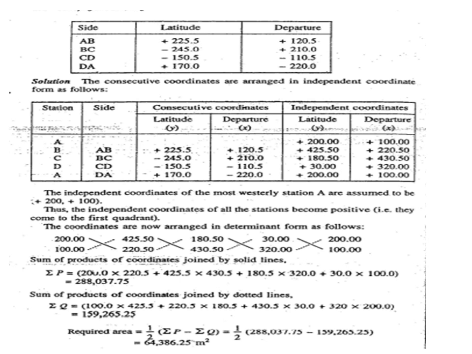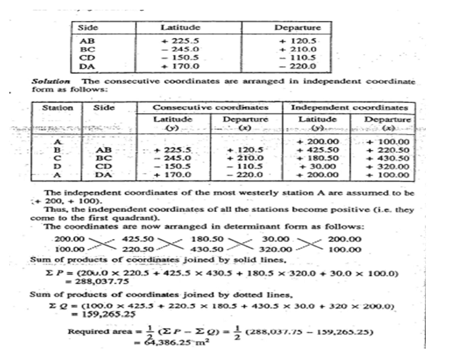After that, by considering the maximum negative value out of latitude and departure, we are supposed to assume the coordinate of starting station A, and they are considered as plus 200 and plus 100. Plus 200 is latitude and plus 100 is departure. So here northing and easting values are considered.